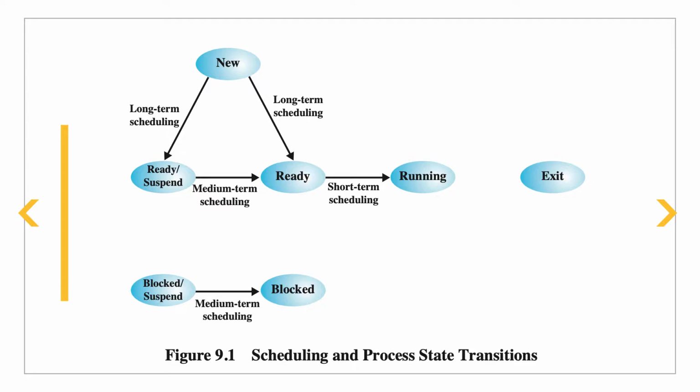Medium-term scheduling would determine whether we go from blocked suspend over to blocked. And then the exit state, of course, is over there, but that's not really a scheduled thing. That's something that happens as far as process management. These are the parts of that 7-state diagram that you've seen before. These are the transitions that are affected by our various scheduling decisions.